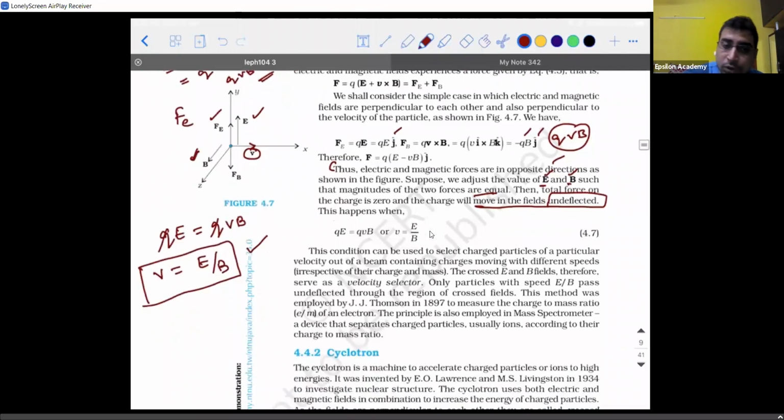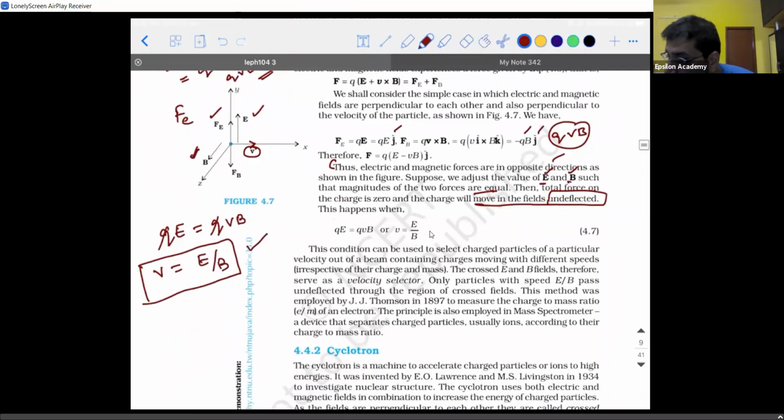So where is this used? This condition can be used to select charged particles of a particular velocity out of a beam containing charges moving with different speeds, irrespective of their charge and mass ratio. So listen, what do you mean by cross?